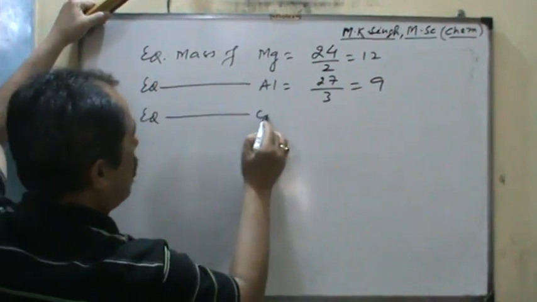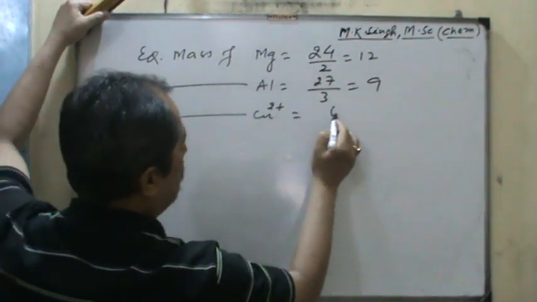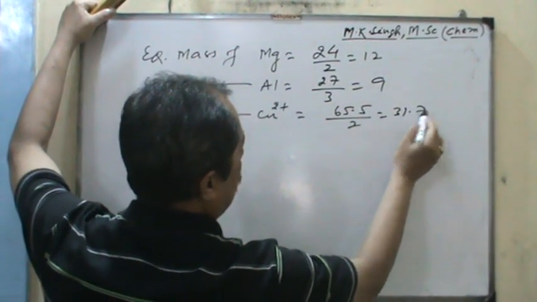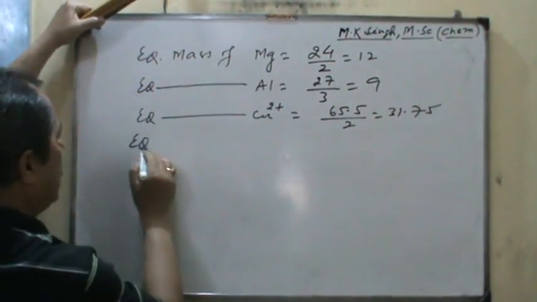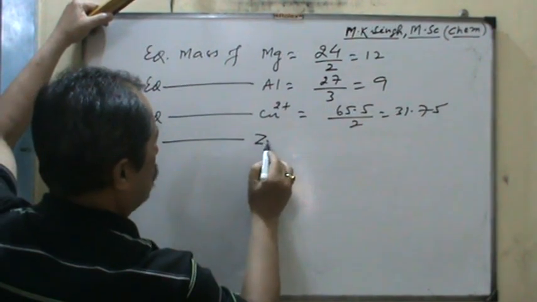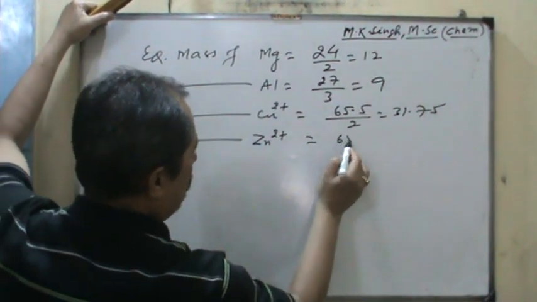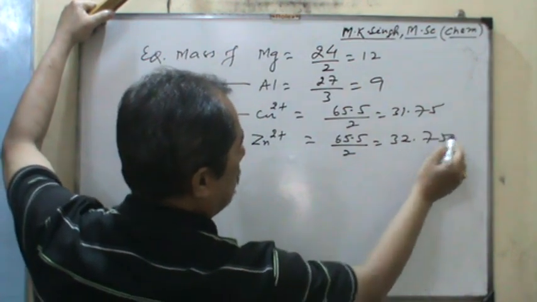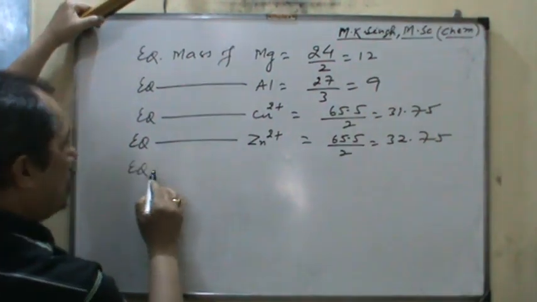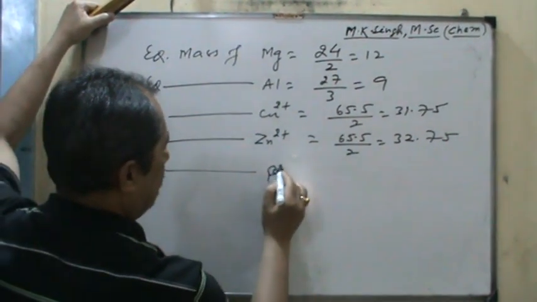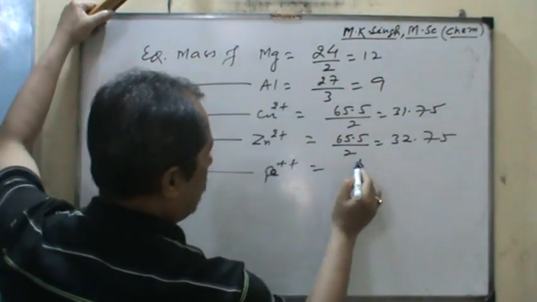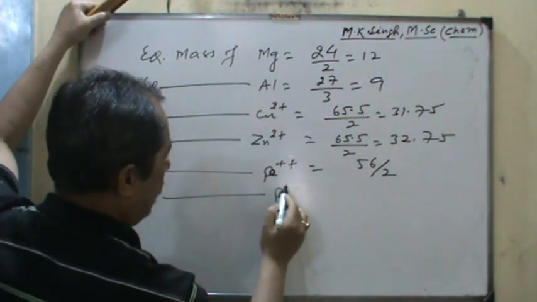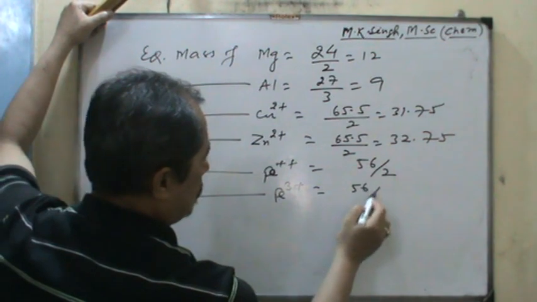Similarly, equivalent mass of copper 2 positive. 65.5 is the atomic mass upon valency, 31.75. Similarly, equivalent mass of zinc 2 positive. Atomic mass of zinc is 65.5 and valency is 2, 37.5. The same way equivalent mass of iron in ferrous oxide 56 by 2. Equivalent mass of iron in ferric oxide 56 by 3.